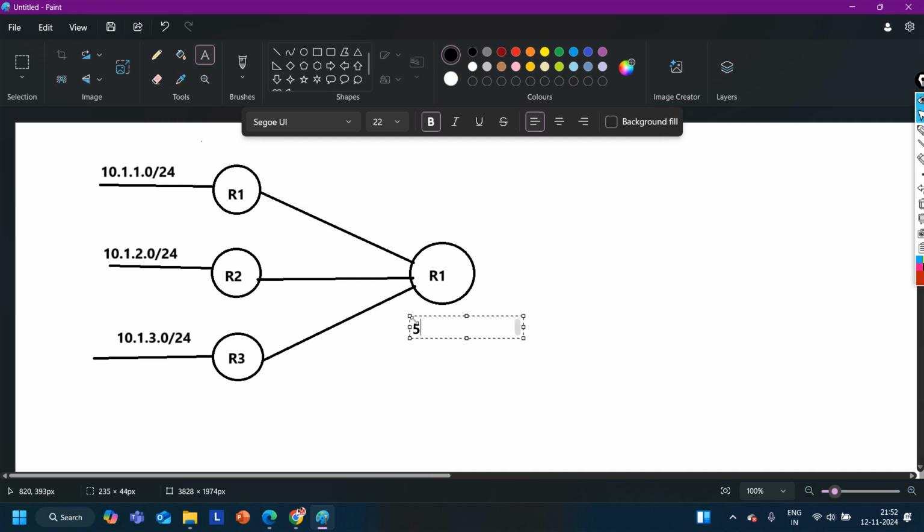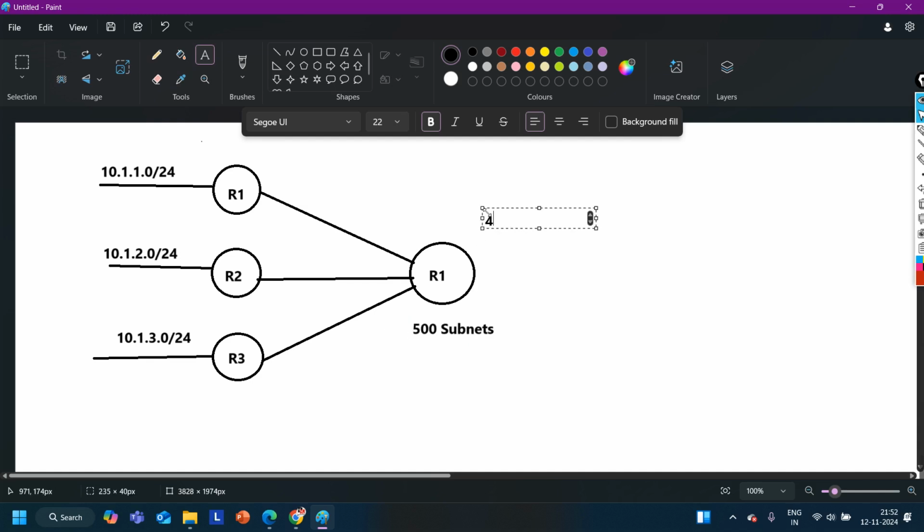It can only install 500 prefixes in its routing table.